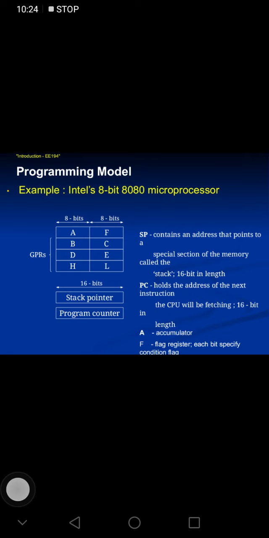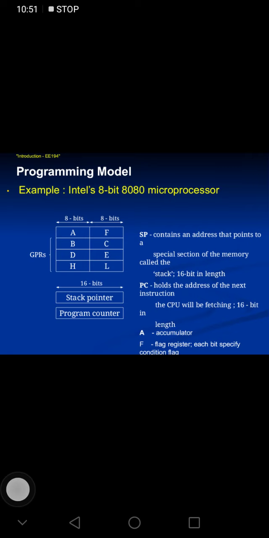So, as I have said, PC holds the address of the next instruction the CPU will be fetching, 16-bit in length, no? So ibig sabihin it holds the address of the instruction na next mo na i-instruct sa CPU.